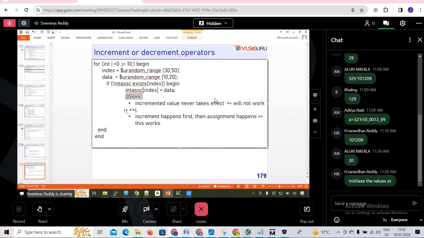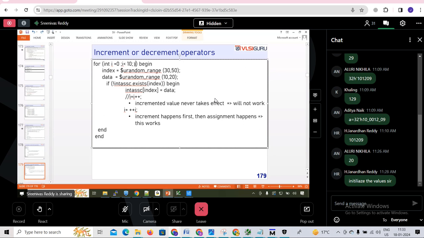If at all you want to do I equal to I plus 1 as a statement, you should always do I equal to plus plus I, not I equal to I plus plus. Increment happens first in this case, then assignment happens. So this will work. The best is you do I plus plus here. No confusion.